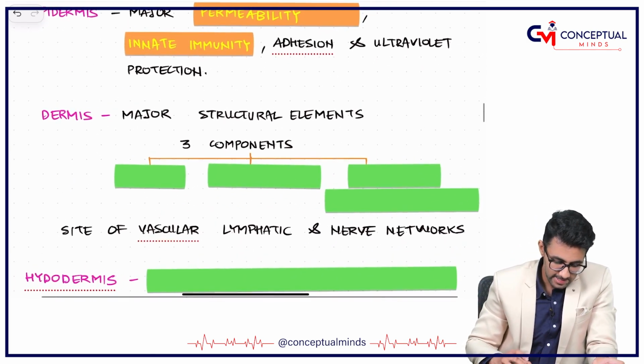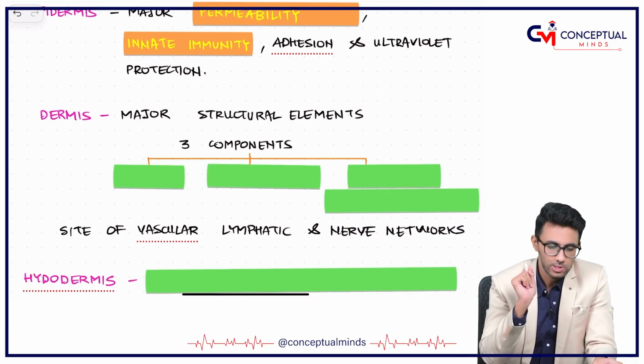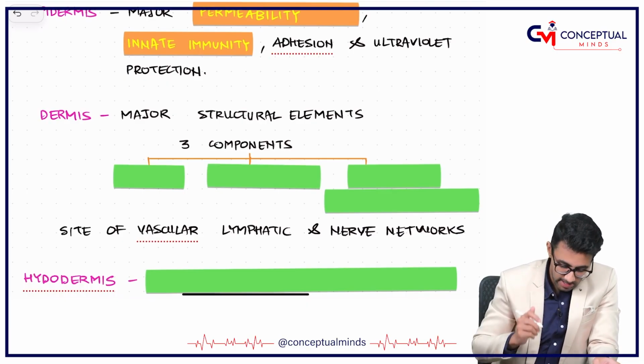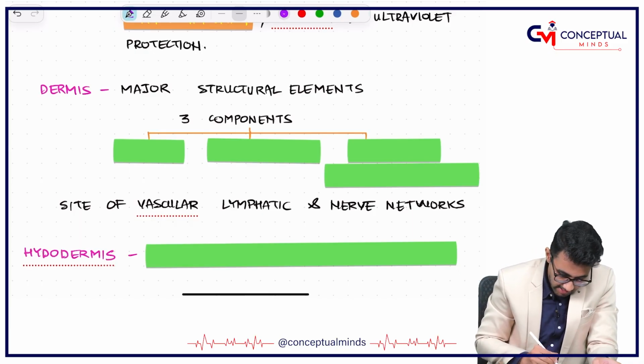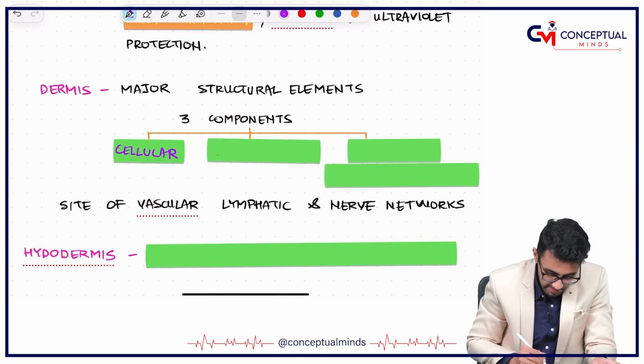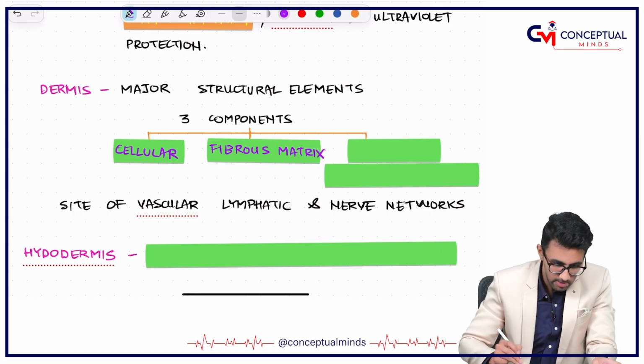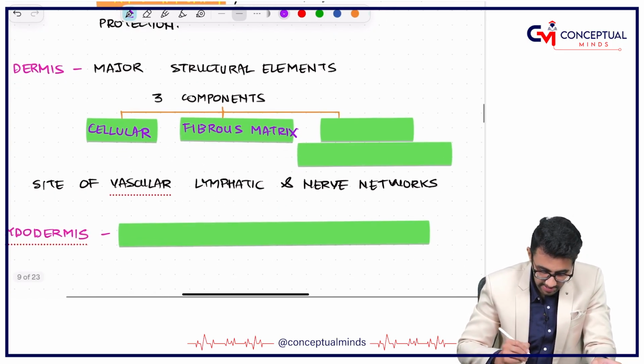Dermis has three major components. First is the cellular component. The next is the fibrous matrix. And the third one is the diffuse and filamentous matrix.